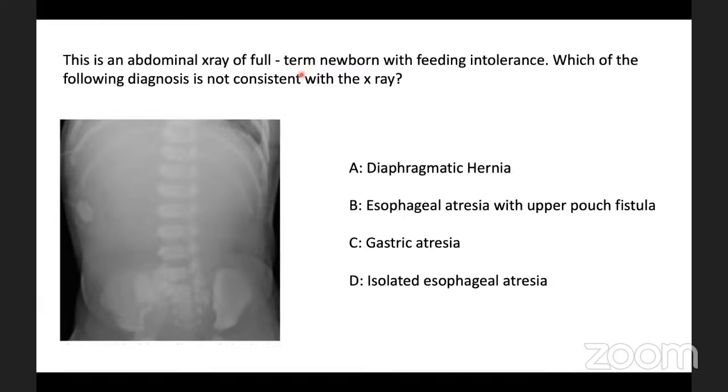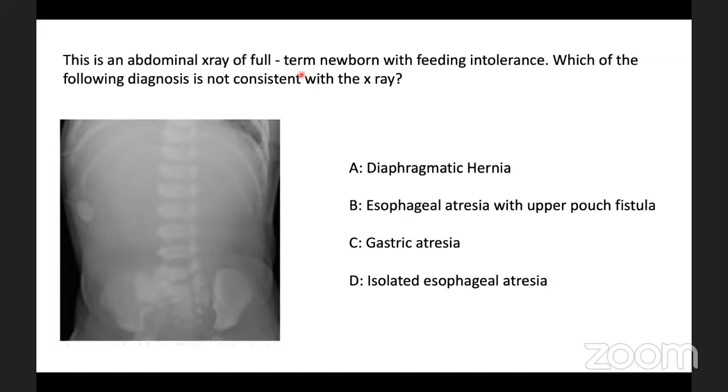Dr. Sitara, can you answer this? Somebody wrote C in the question answer. Okay, that's good.